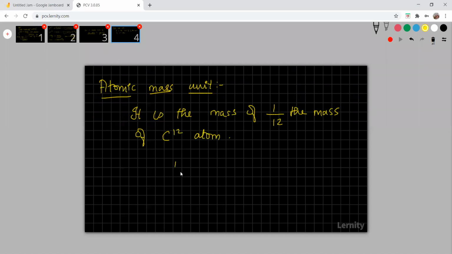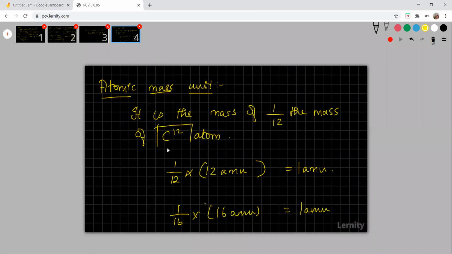Okay, so 1 by 12 into the mass of a C12 atom, obviously it is 12 AMU, that will give you 1 AMU. You can also express it in terms of oxygen. You could say 1 by 16th into the mass of an oxygen atom. That is also 1 AMU. Clear? Even in terms of nitrogen also you could say.